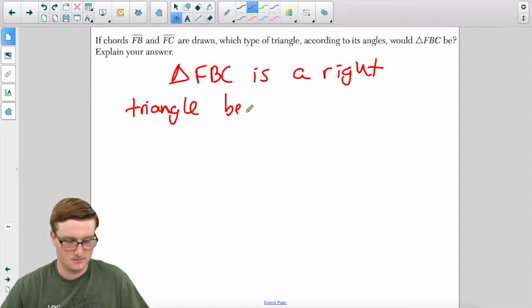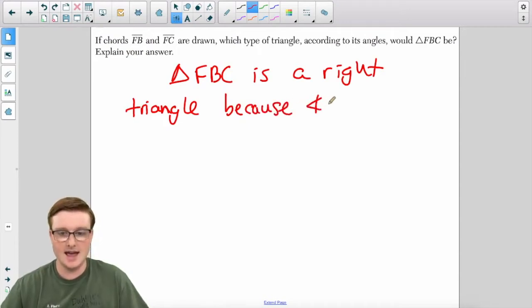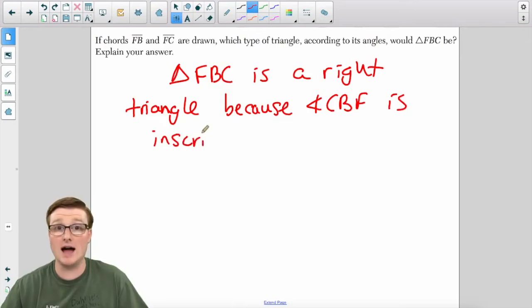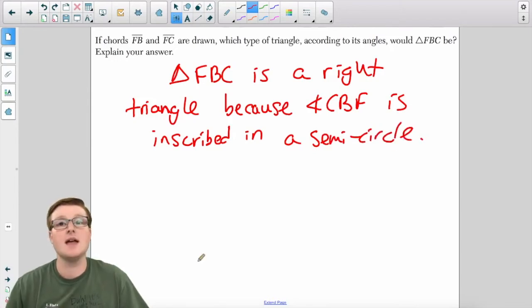Triangle. Because angle CBF is inscribed in a semicircle. Okay.